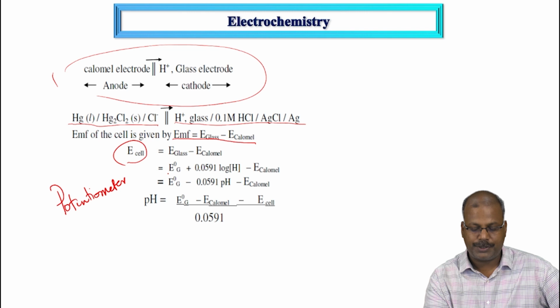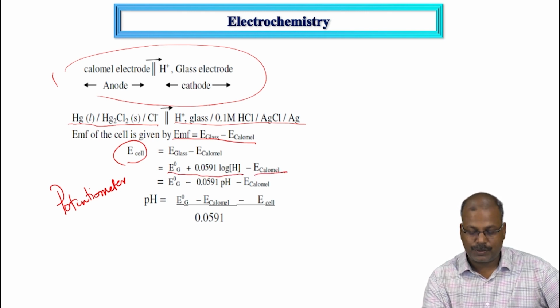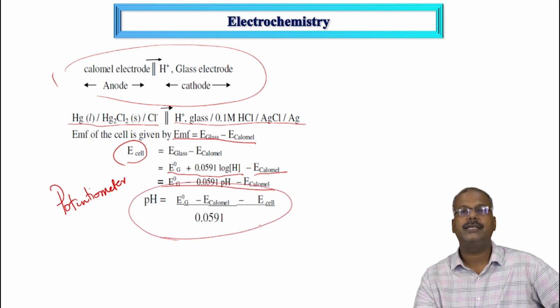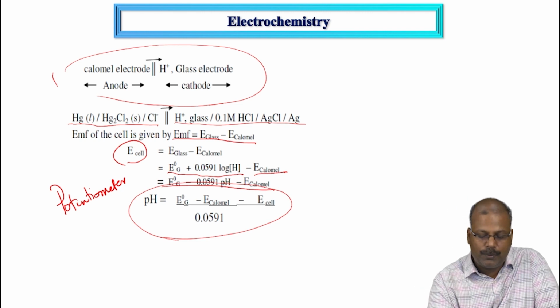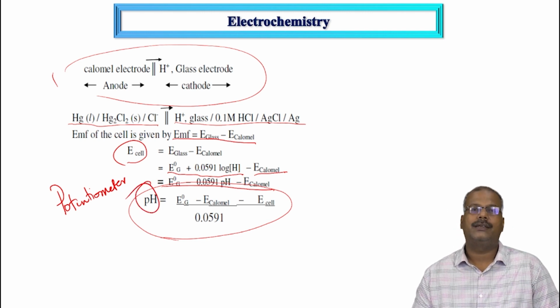So we substitute the expression for E glass minus the calomel electrode, and we get pH equals (Eg naught minus E calomel minus E cell) divided by 0.0591. So this is how pH is determined from the glass electrode.